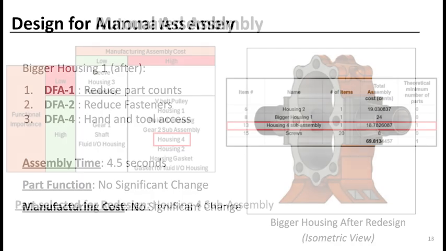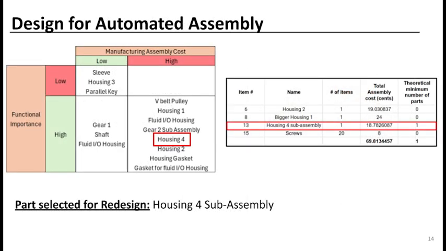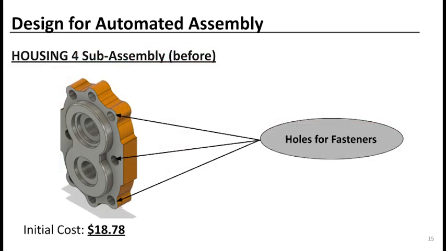For the parts to be improved by automated assembly, we selected housing 4 subassembly as it has high functional importance as well as high manufacturing assembly cost. Initially, this part cost $18.78. Here, as you can see, the initial design of housing 4 has a lot of threaded holes which indicate that we would be requiring the use of fasteners.